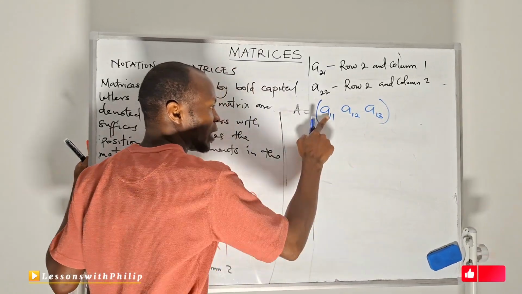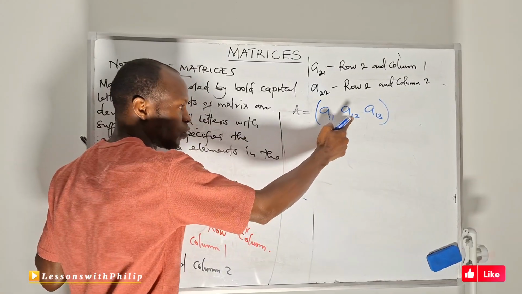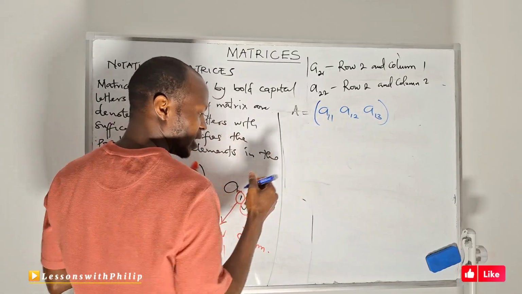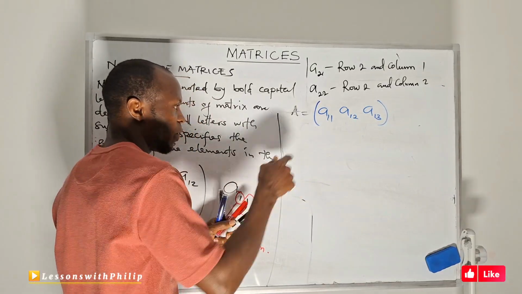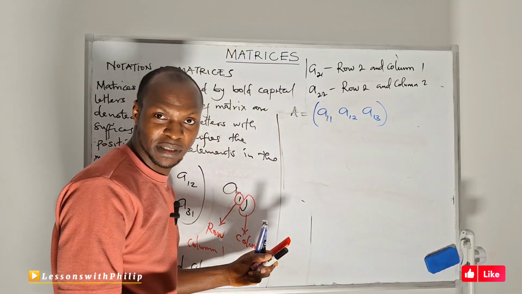That shows that the first element belongs to row 1, column 1, then row 1, column 2, row 1, column 3. Okay, do you get it? Because the first suffix tells you about the rows and the second tells you about the column.